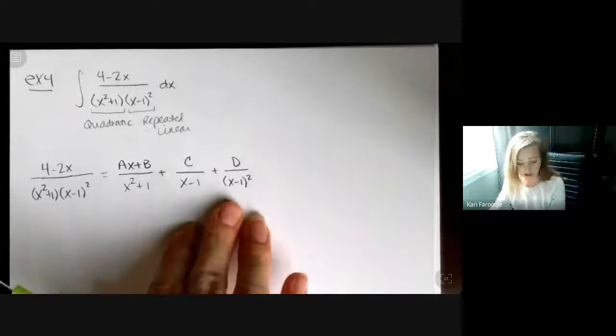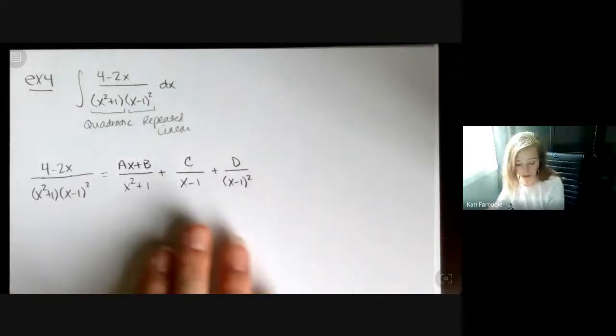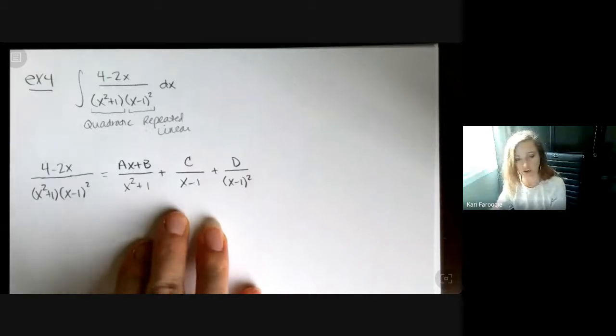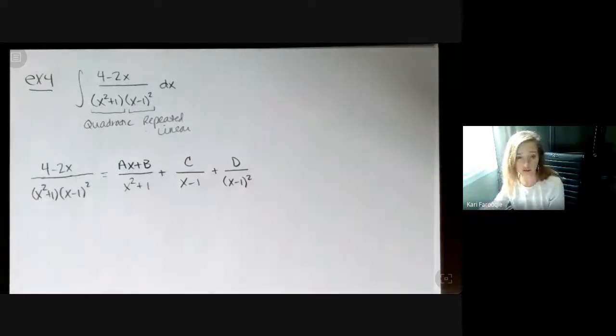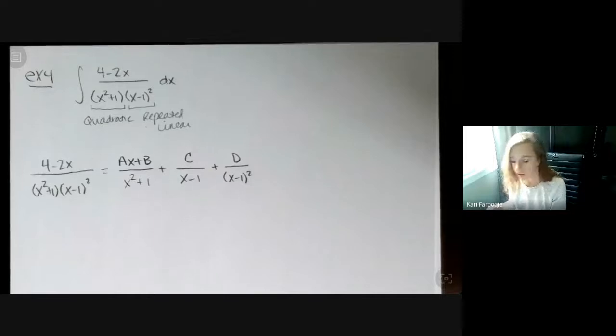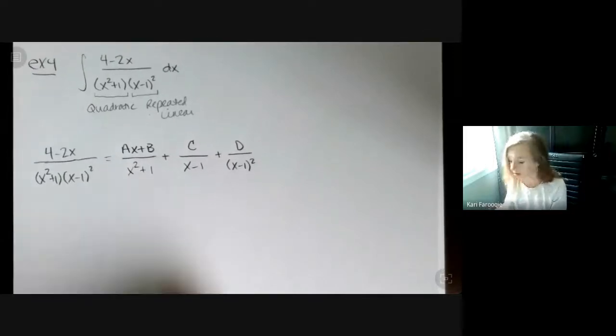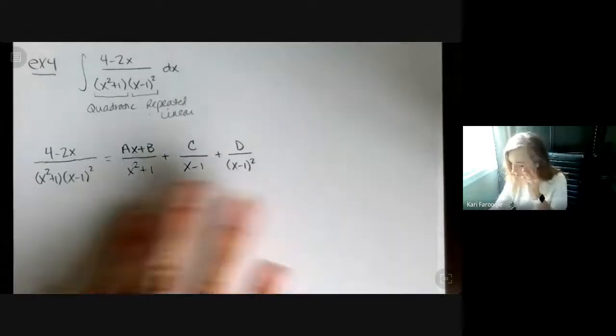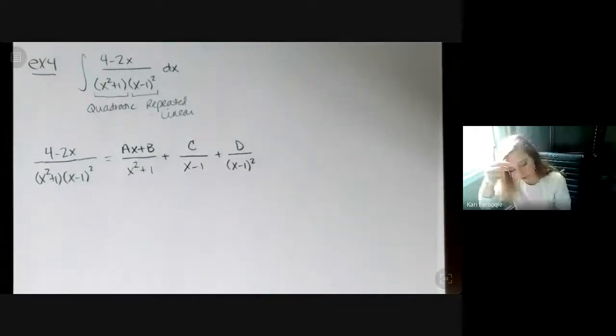This is your setup. If anything gets screwed up on these, it's very likely going to be in the setup. Sometimes students have a hard time finding A, B, C, and D if they lose something in their work along the way. But usually, if your setup's wrong, everything else is based off that. So just be very methodical about how you set this up.